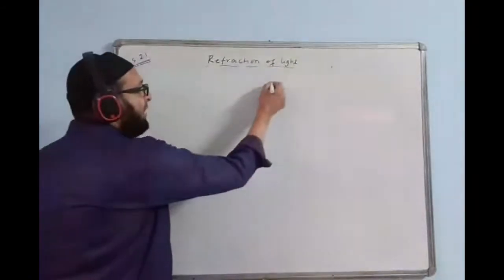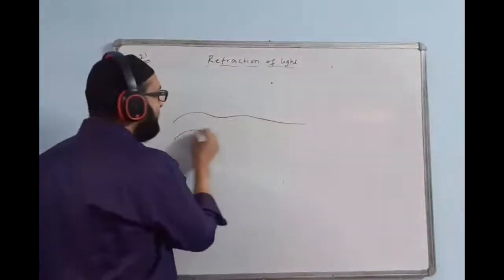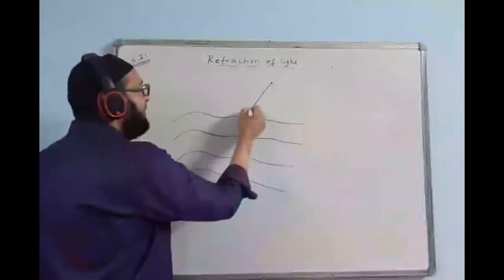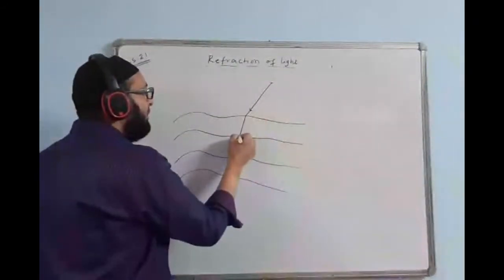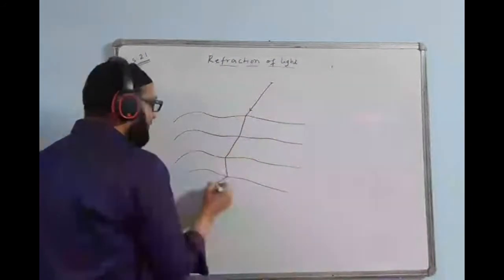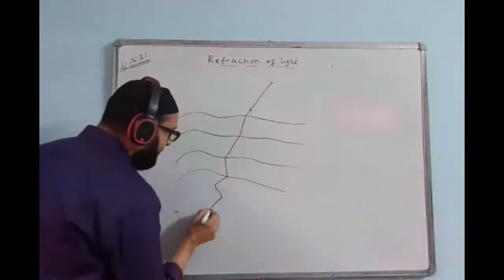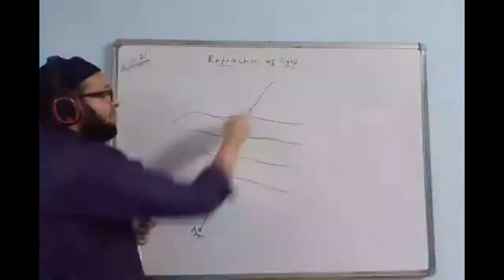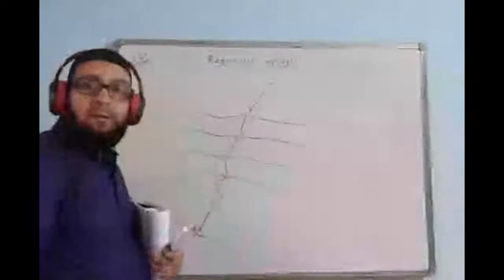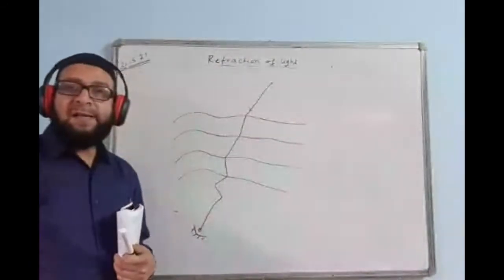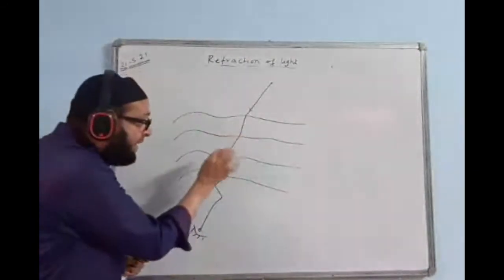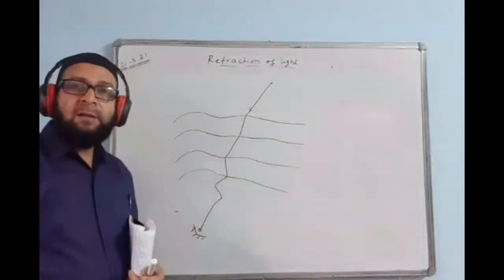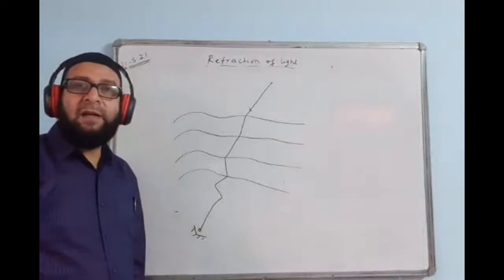From the star, we have different layers of air like this. The ray of light will be traveling like this. Sometimes it will bend towards the normal, sometimes away from the normal. To an observer here, the ray of light is traveling along a zigzag path, and that zigzag path gives us the effect of twinkling.